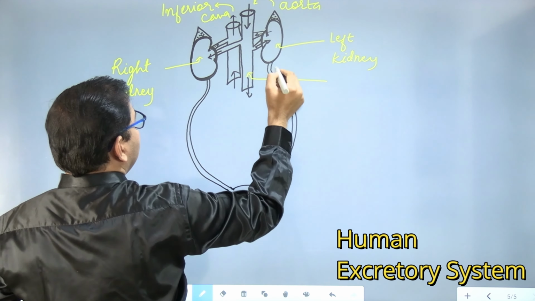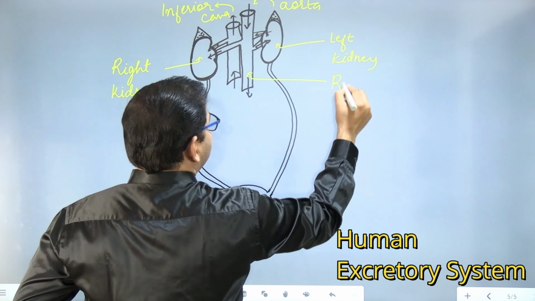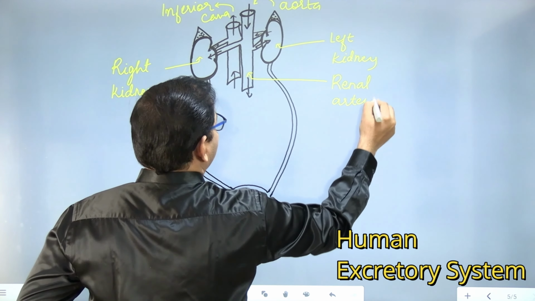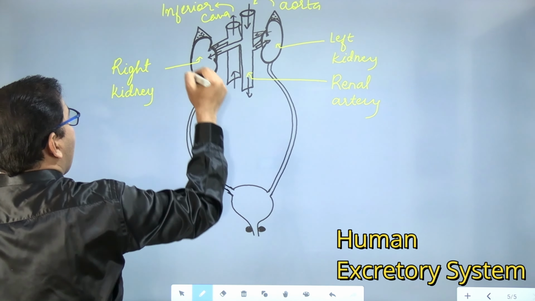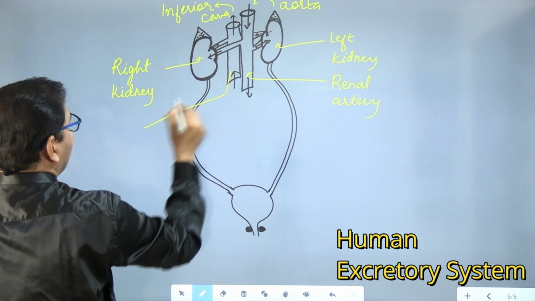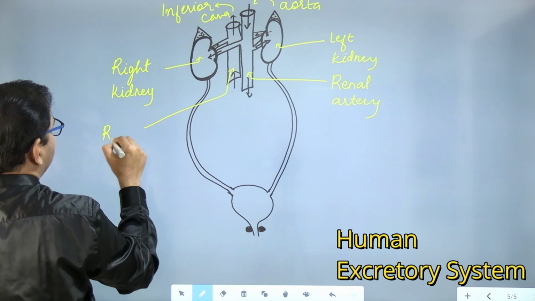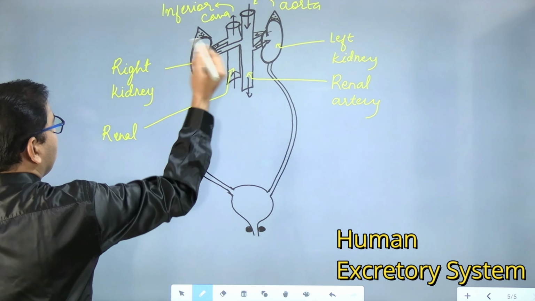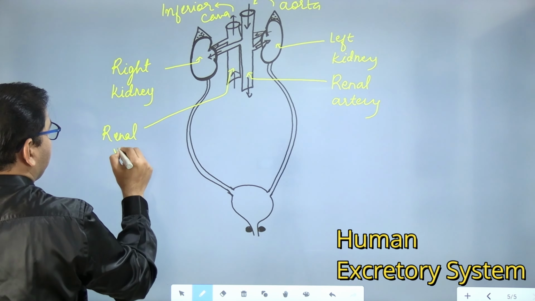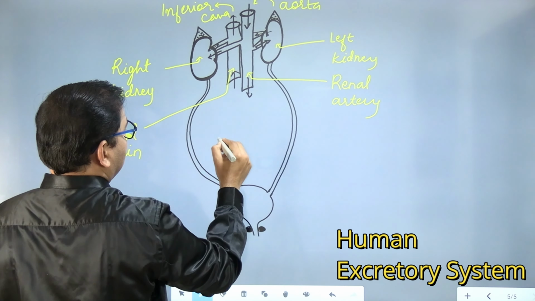Aorta brings blood inside through the renal artery, and blood goes outside of the kidney to the inferior vena cava through the renal vein. Renal is a word that means it is associated with the kidney. Renal vein.